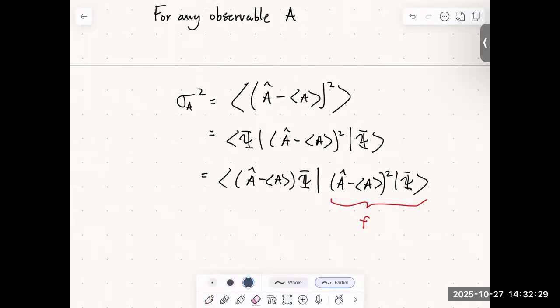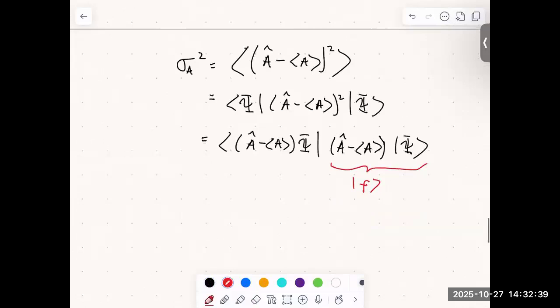And I just notice I don't have the square anymore because we separated the second copy over here. So I'm going to call this whole thing f, and then this is just the complex, the transposed conjugate of that same f. So all of this boils down to just some f inner product with itself.